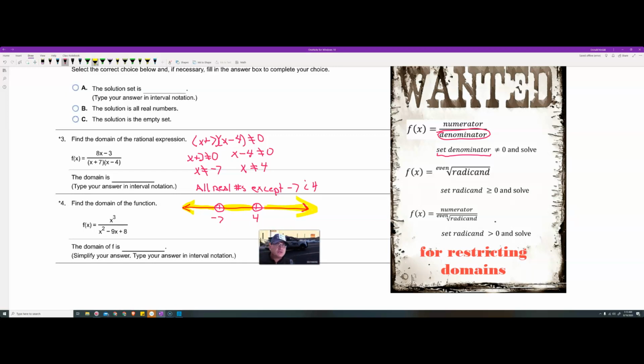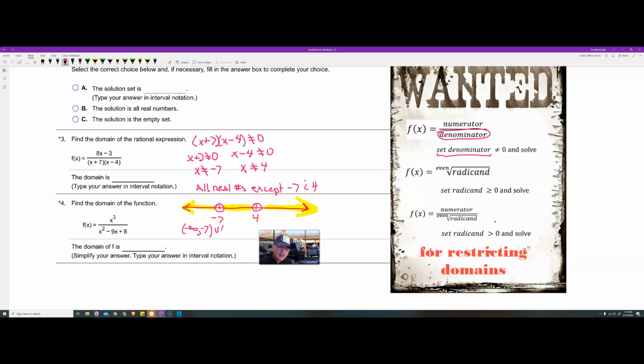So I take each one of those intervals and I describe it. This first interval on the left would be from -infinity to -7, not included. -7's fatal, can't include it.